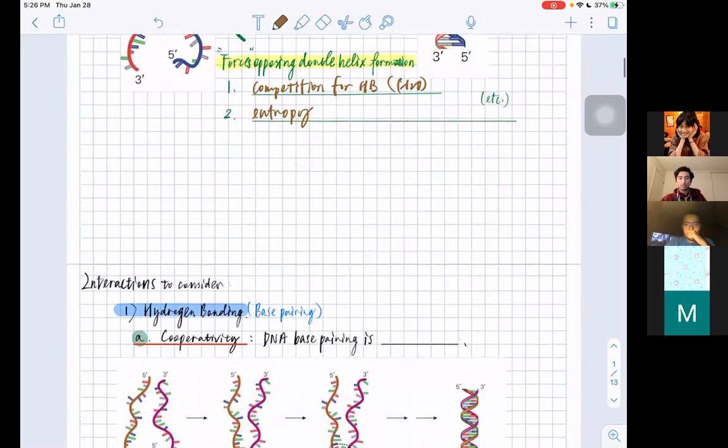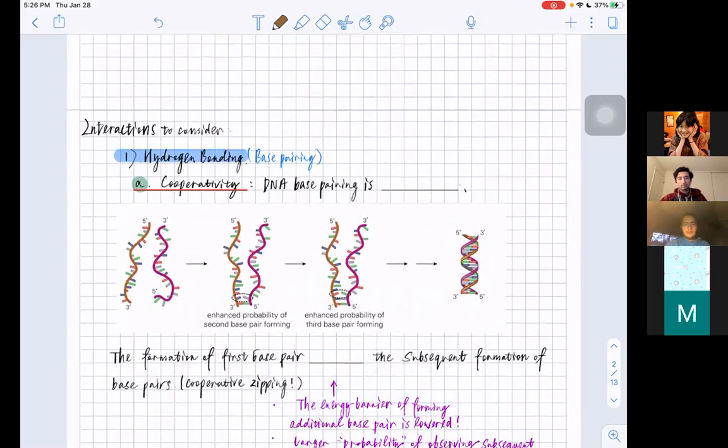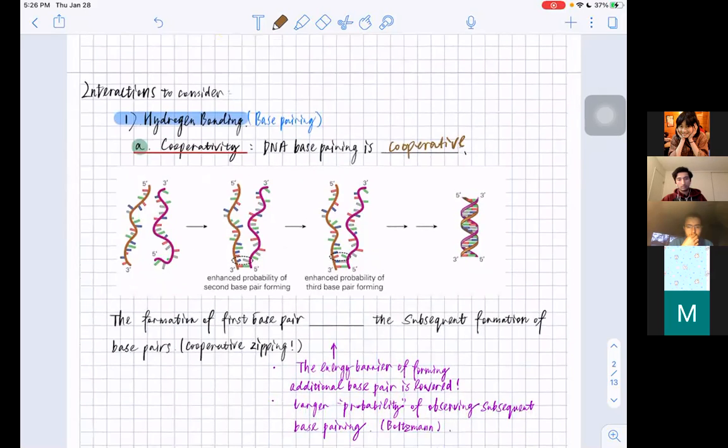So let's talk about hydrogen bonding first. We talk about hydrogen bonding in the context of base pairing, of which we know one characteristic is cooperativity, which means the formation of the first base pair via hydrogen bonding will favor the subsequent formation of base pairs.